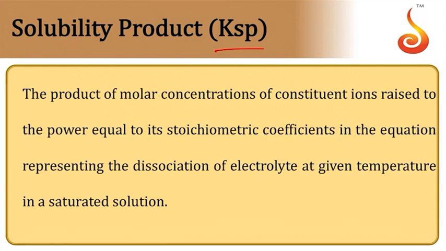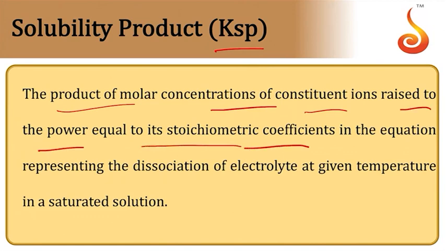Then comes the solubility product. It is defined as the product of molar concentrations of constituent ions raised to the power equal to their stoichiometric coefficients in the equation representing dissociation of the electrolyte at a given temperature in a saturated solution.